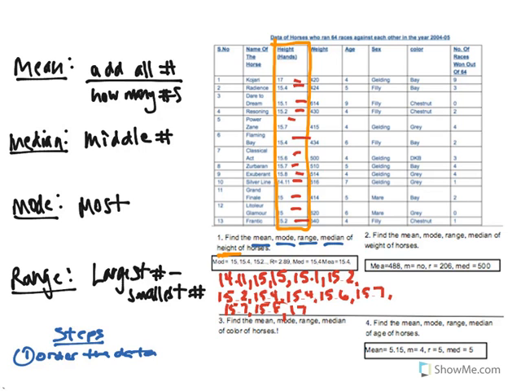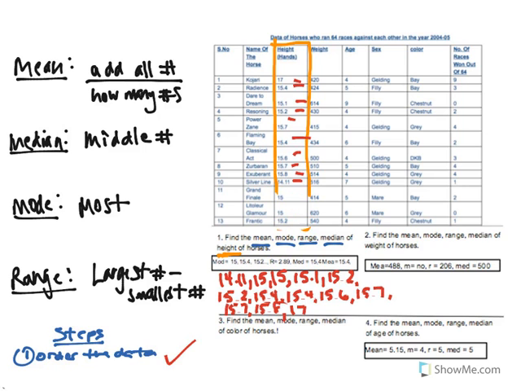I need to make sure that I have the right number of data down here and the right number of data up here. So up here I have 1, 2, 3, 4, 5, 6, 7, 8, 9, 10, 11, 12, 13 pieces of data. Down here I have 1, 2, 3, 4, 5, 6, 7, 8, 9, 10, 11, 12, 13. Okay, so I got all the pieces of data. Everything's in order. We're ready to go.